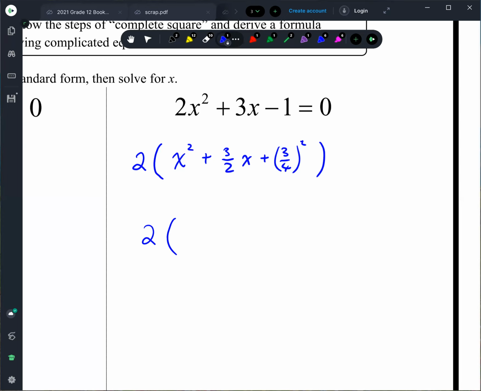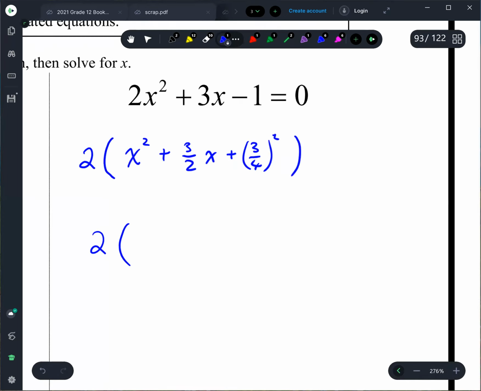Okay, Isabella, how do we balance? Do I just say the numbers inside the bracket? X plus 3/4 bracket squared. Not the next line yet. I don't mean the balancing part. We still have this part.